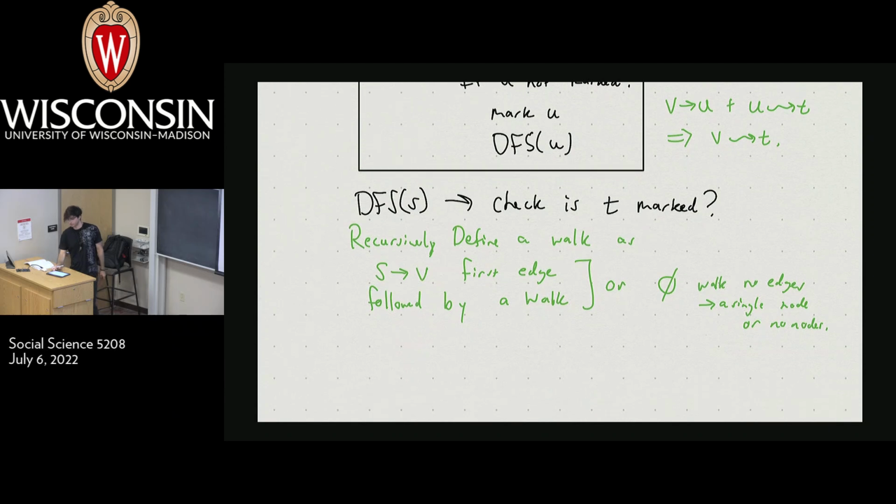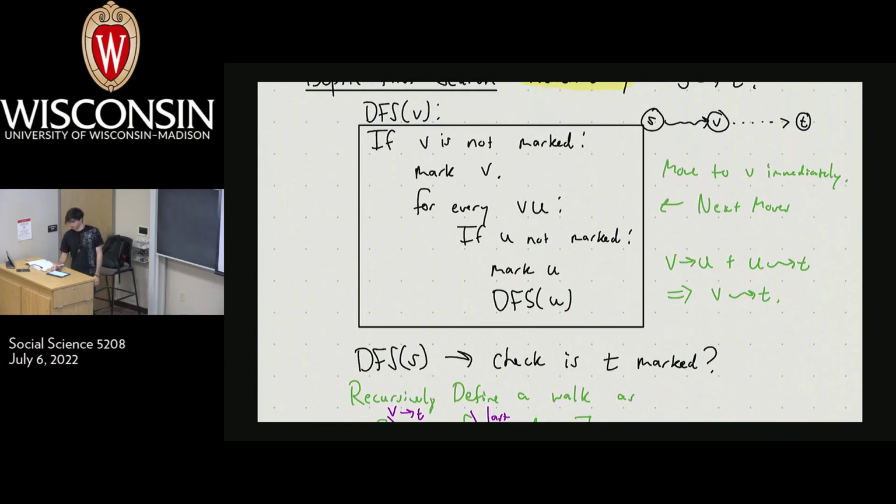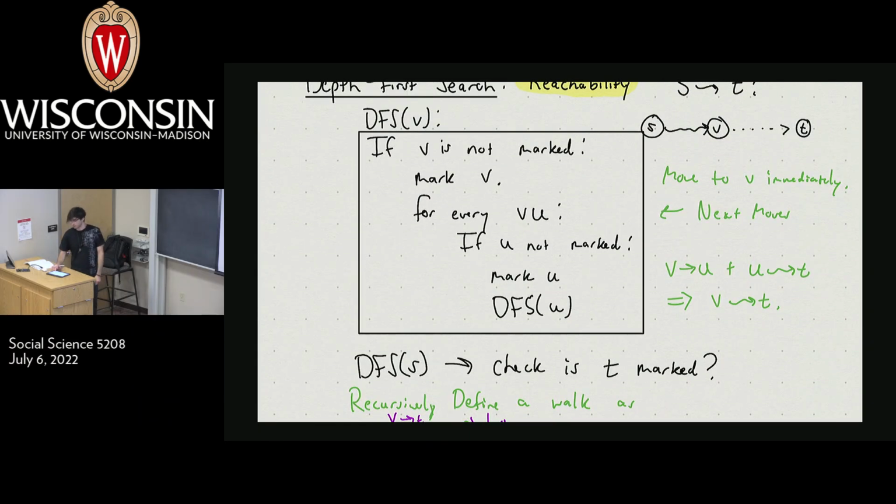So that's how you can define a walk. It's a first edge followed by a walk, or it's just, there's no edges. It's just a single vertex or nothing. Or you could flip it and say it's a walk followed by a last edge. They're both the same thing. Either one's fine. And you'll use each one depending on the context. So here we're using the definition where we have a first edge and then the rest.